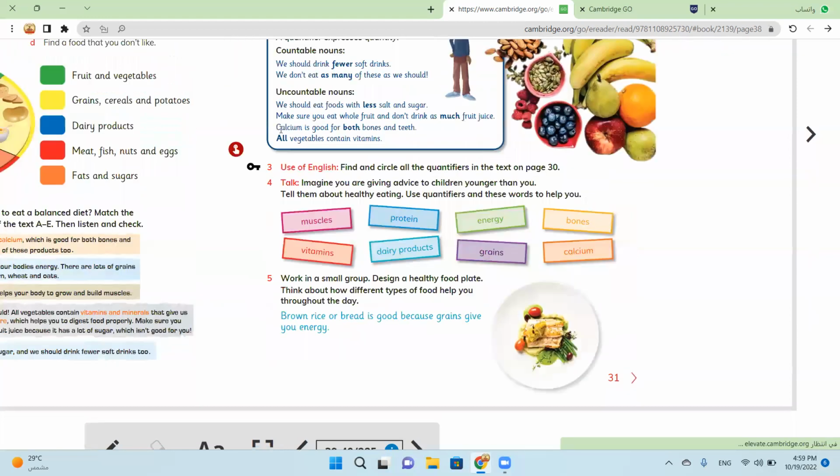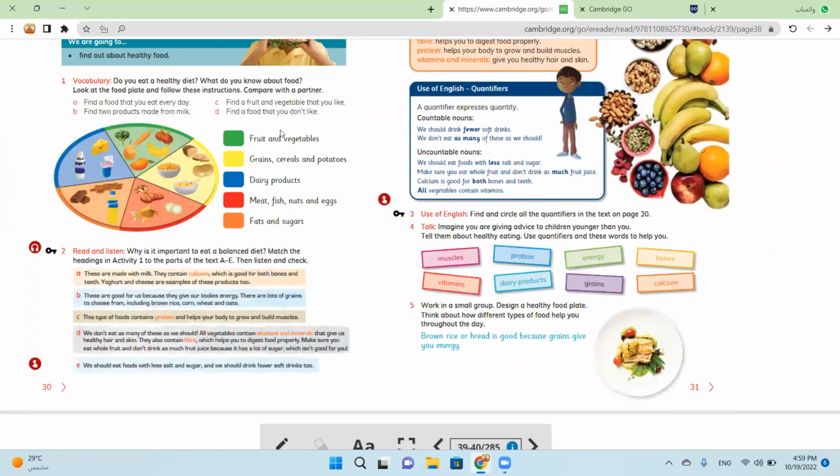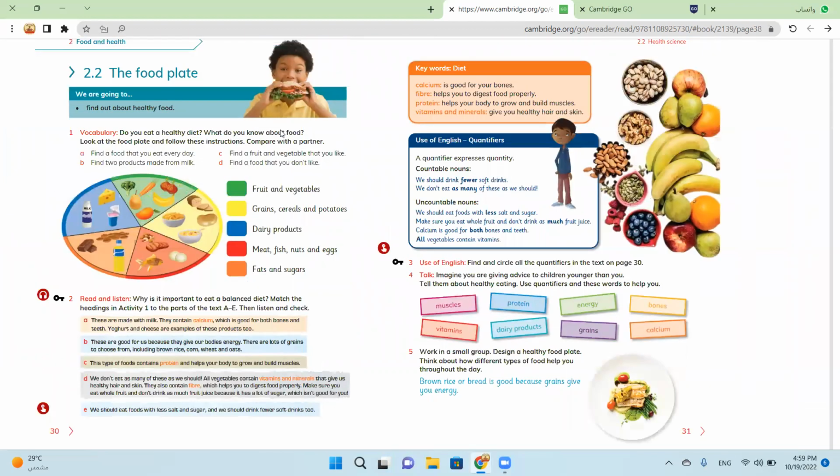So that was it for the first lesson. Now we can move to lesson 2.2. And since we are so late in the curriculum, we will start having lessons more and faster than usual. So let's start with lesson 2.2, the food plate.